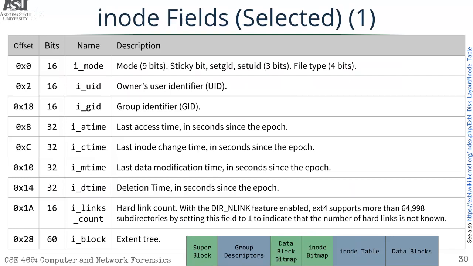So here we have the owner's user identifier and the group identifier. Every file in ext4 has an owner, a user ID of who owns that file, which may not be the same as the user that created that file, and a group that file belongs to. Is there anyone that's not familiar with the concepts of user and group from a file systems perspective?